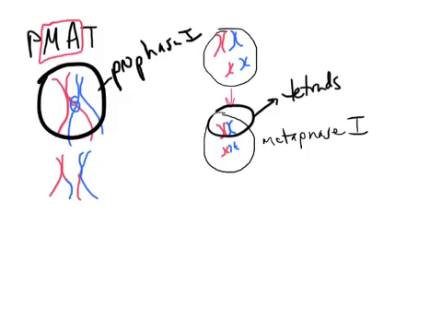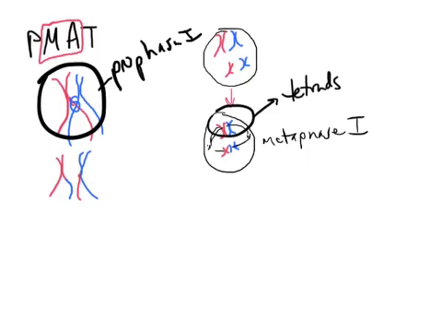Now, since the homologous chromosomes are paired up, and since it's the homologous chromosomes that line up during metaphase 1, when you get formation of the meiotic spindle in this case, the spindle fibers from either side of the cell are attached to different homologous chromosomes.